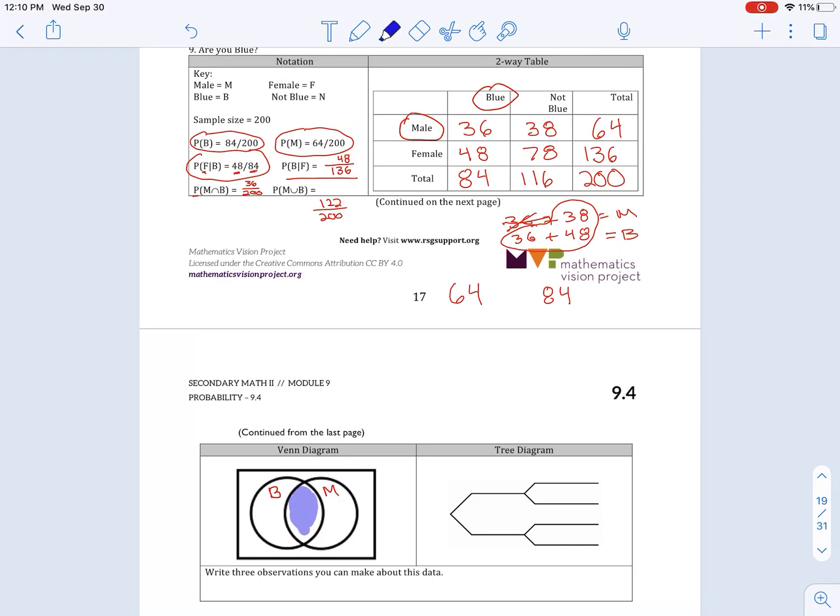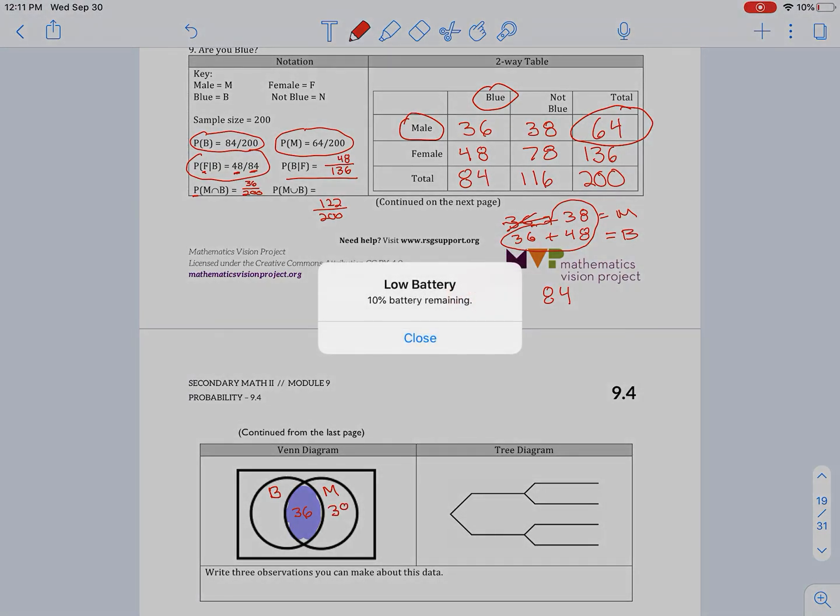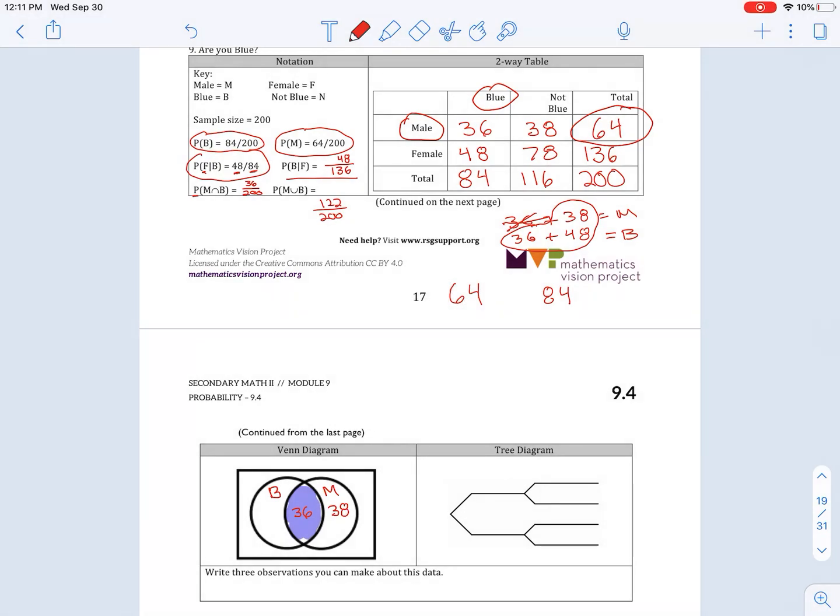And I always start my Venn diagram in the middle section. And I write the number that is true about both. Well, that would be blue and male, which is 36. And then I look at my male circle, and I know that the total is going to be 64. Right now I have 36 in there, so I would need another 38, or just the number that's next to it, right?